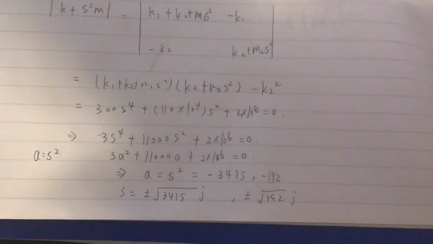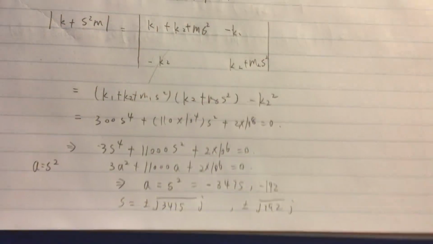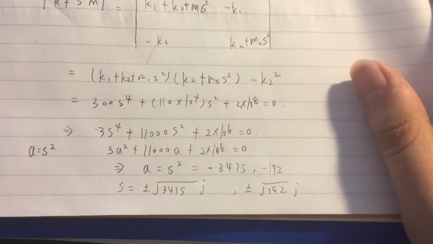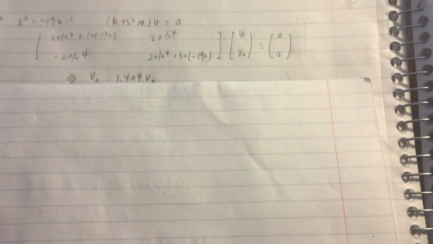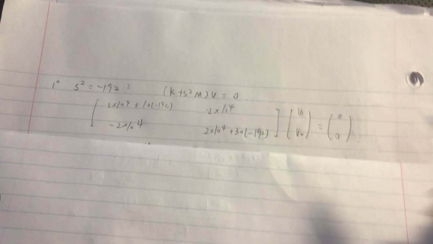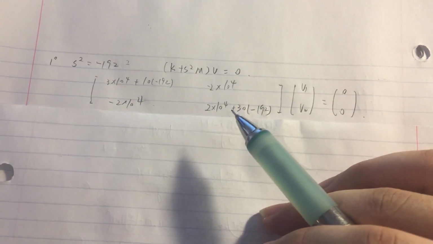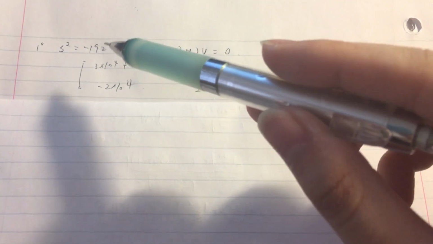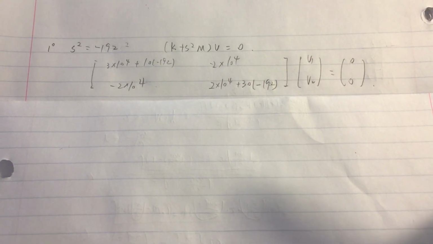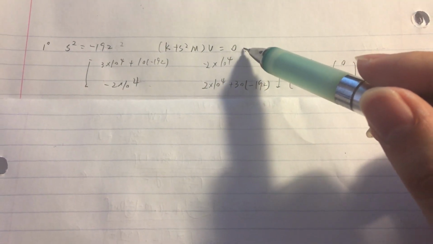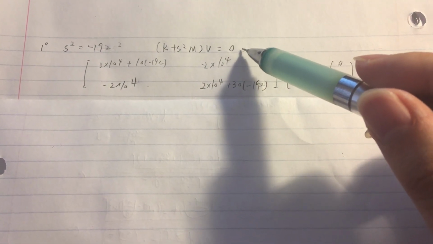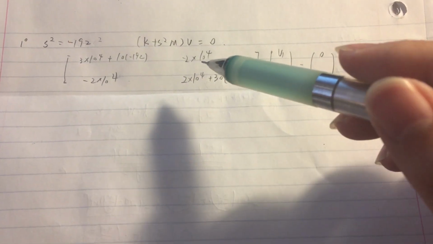After we get the solutions, we need to put them into the equation. For the first condition, s squared equals minus 192, and we put it into the equation that we wrote.